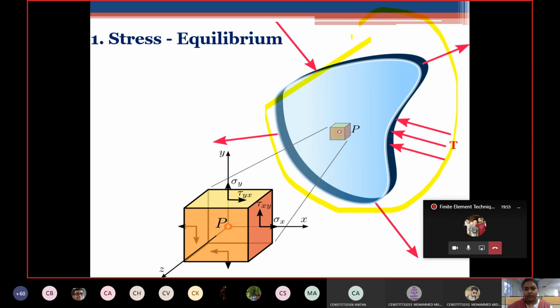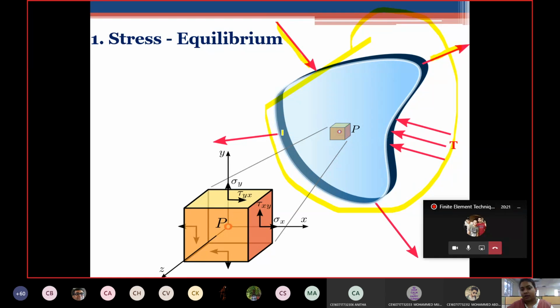Here we have an irregular body. In the field, there is not always a possibility that you will find a regular shape of structures. That is why we are taking an irregular body. Now, if this irregular body is subjected to various types of stresses or loads, we see there is a load here, there is a load here.